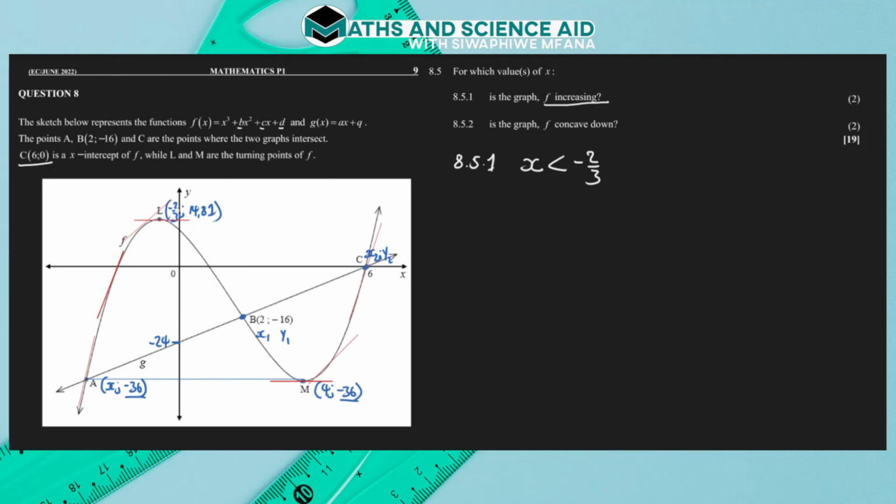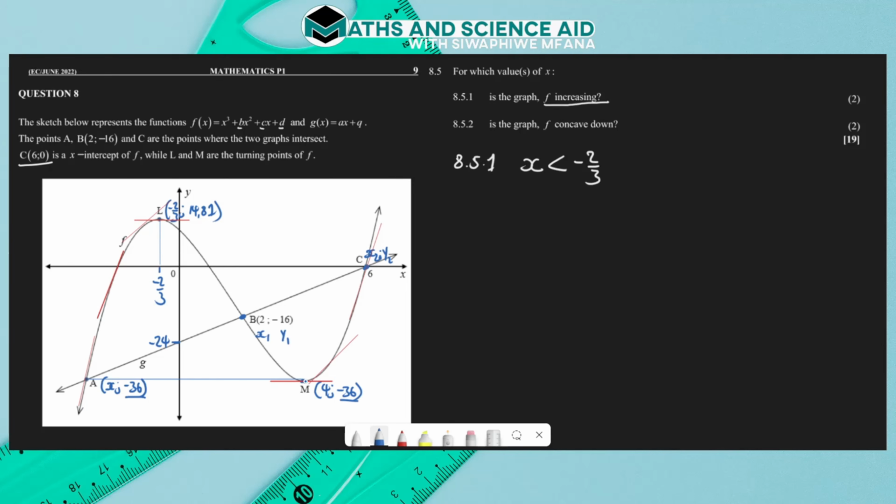As you can see, for all those values of x that are less than -2/3, because -2/3 is right here, it's that x value at the turning point of L. So if your values of x are less than -2/3, we can clearly see that this function is increasing.